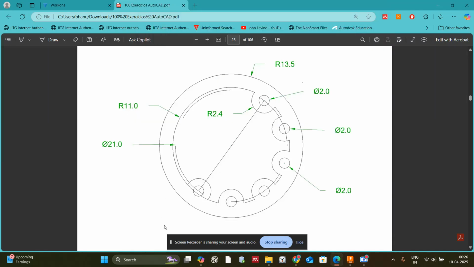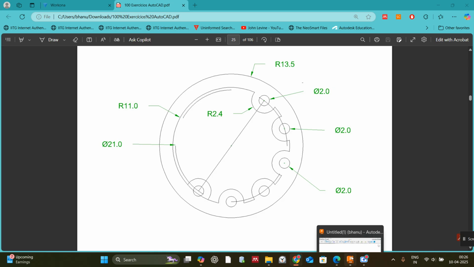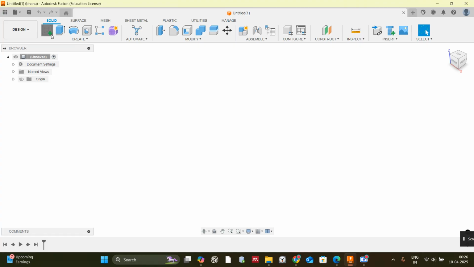Today I'm going to draw this 2D CAD file. So first of all, I have to put the center point.